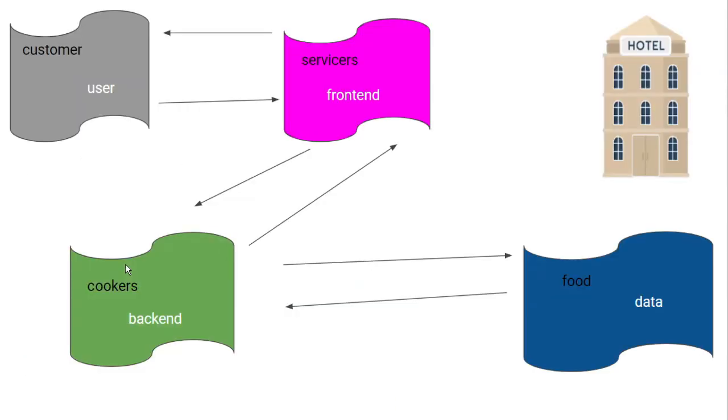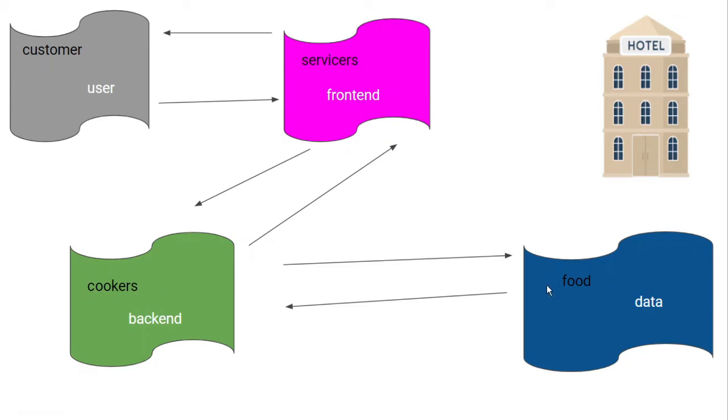And here is a great example of how interaction between client, server, and database works. Take the example of a hotel. When we go to a restaurant, we interact with servers, and whatever dish we want, we request it, and they are responsible for getting the dish. For that reason they take the menu and the order, and they go to the cookers. Whatever we have ordered, cookers are responsible for preparing the dish.